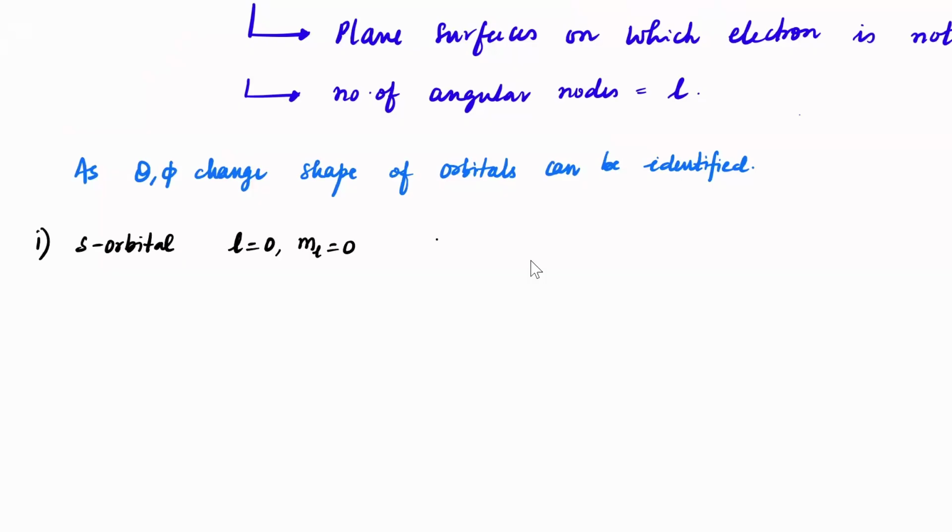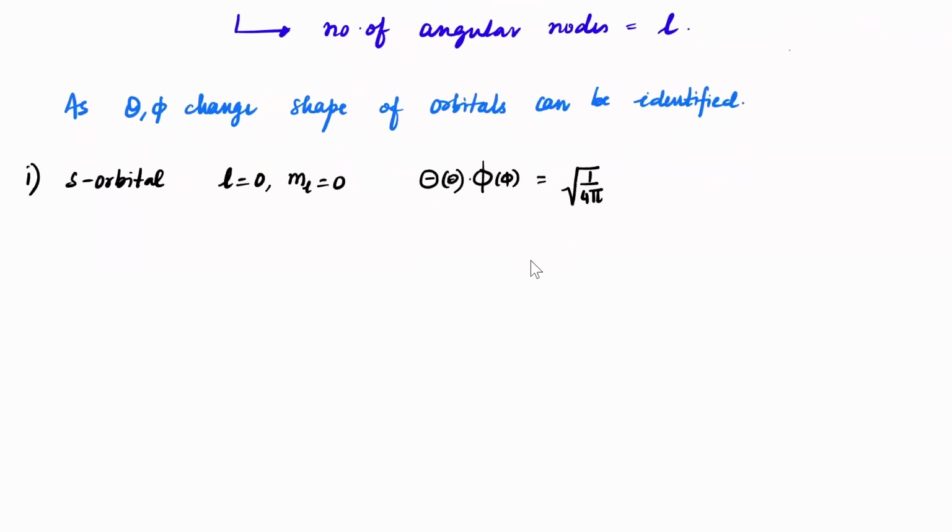Then what has been noticed is that theta of theta and phi of phi, this is a representation of a function, by the way. Instead of writing f of, I'm writing theta of theta, phi of phi. This is the angular part. This angular part was found out to be a simple constant, which is 1 by 4 pi.